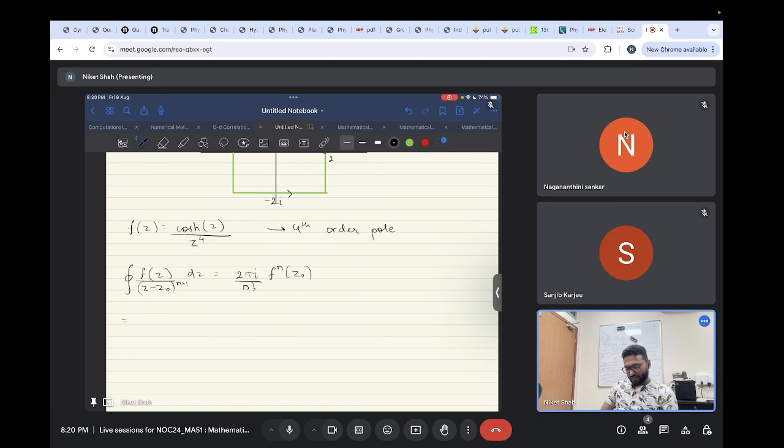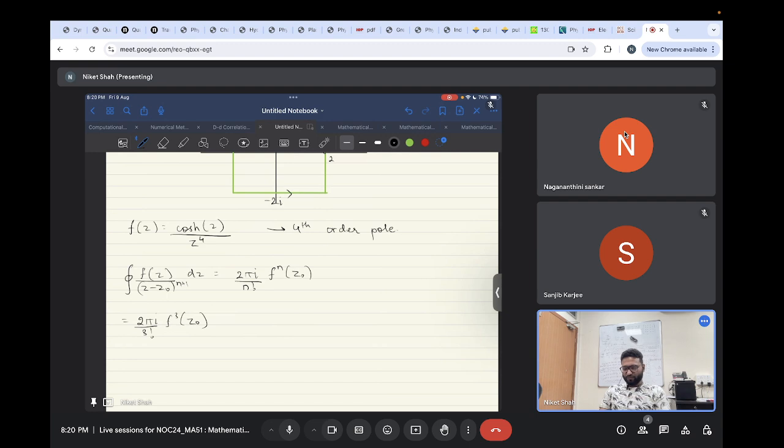Because n plus 1 is 4, n is equal to 3. So the result that I'll be getting is 2 pi i divided by 3 factorial into the third derivative of the function, evaluated at z0. z0 is 0 only. So you have to differentiate cosh z 3 times, which is pretty much doable. The derivative is first sinh, then cosh, and so on.